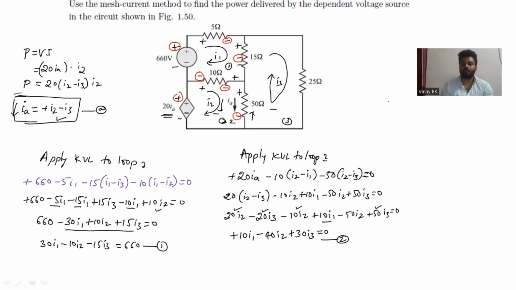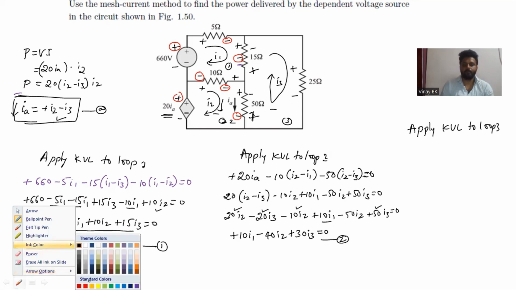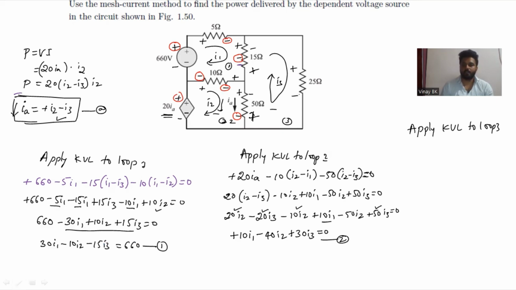So now apply KVL to loop 3. Mark the polarity: plus minus, and here it is plus and minus. Here also it is plus and minus. So now mark the second polarity again. Second polarity from clockwise: minus, minus, minus.